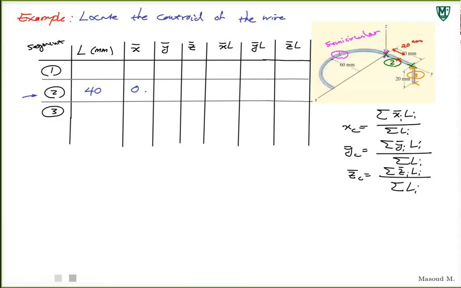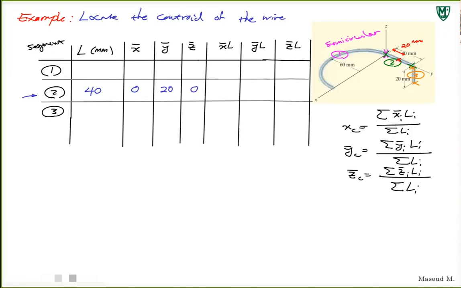So Y bar would be 20 millimeters. And Z bar is also 0, since this line is along the y-axis, so the Z coordinate of the centroid of segment 2 is 0.